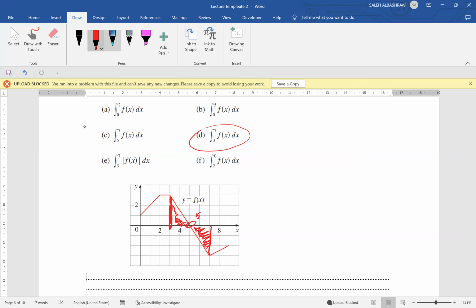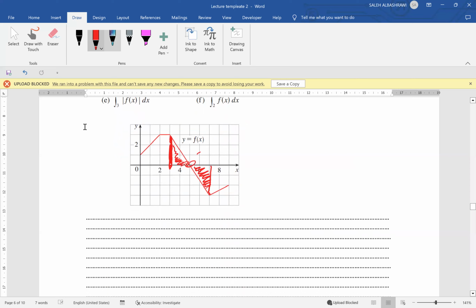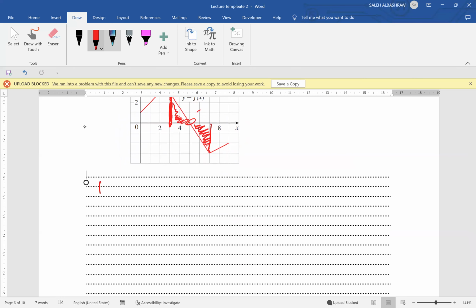So it means that I need to find the two areas. From 3 to 7, the integral of f of x dx is equal to A1 minus A2, because one of them is above the x-axis, which is positive, and the second one is under the x-axis, which is negative.